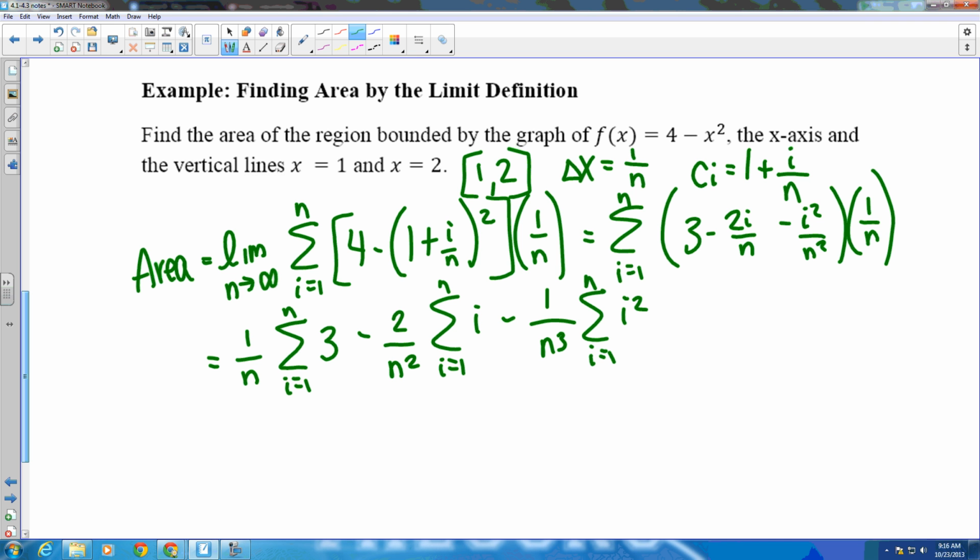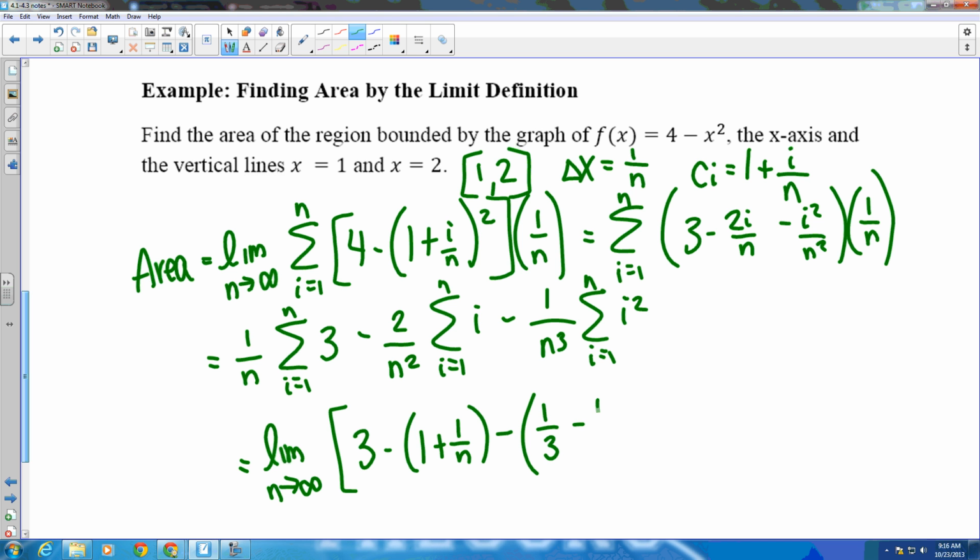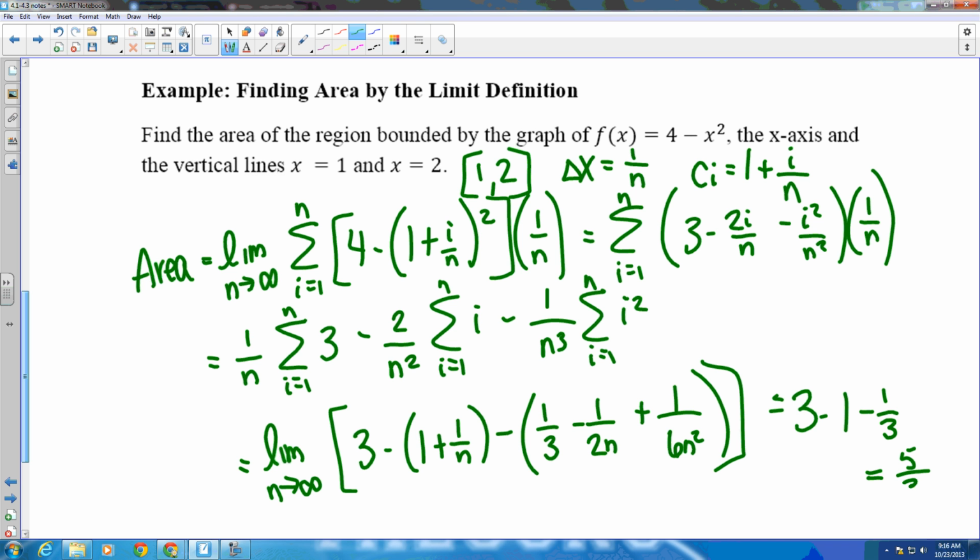Then we can take the summation of each one of those and do the limit. And our limit is 3 minus 1 minus 1/3, which is 5/3.